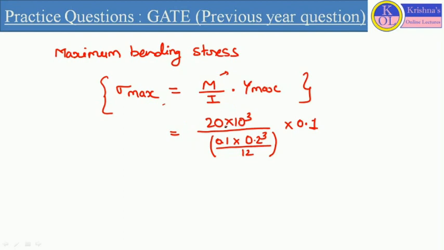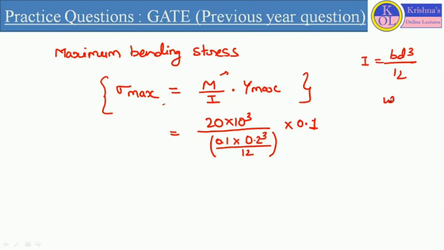The M value we already have, 20 kilonewton meter, so it will be 20 into 10 to the power 3. I we have to consider for a rectangular section. For a rectangular section we generally consider the formula BD cube by 12, where B is the width and D is the depth or height. Here we have both the values but in mm, so we will convert those mm values into meter.